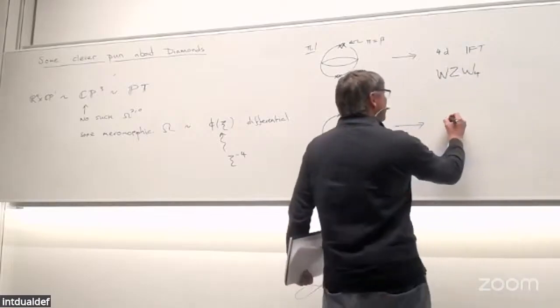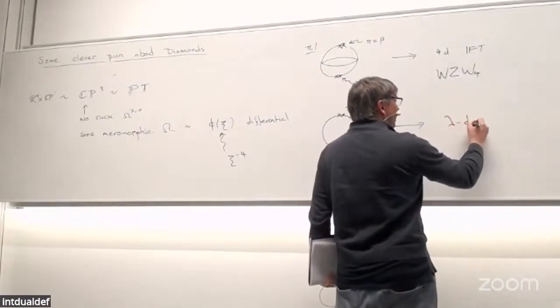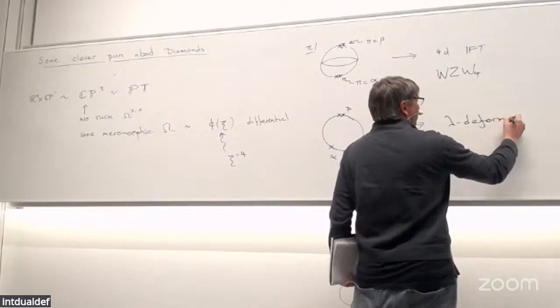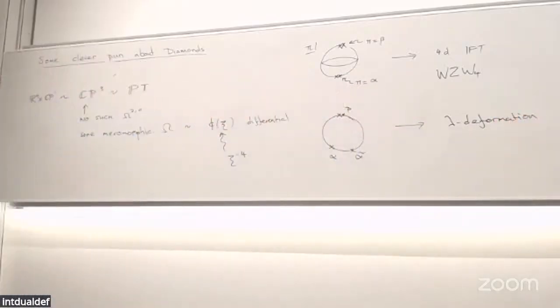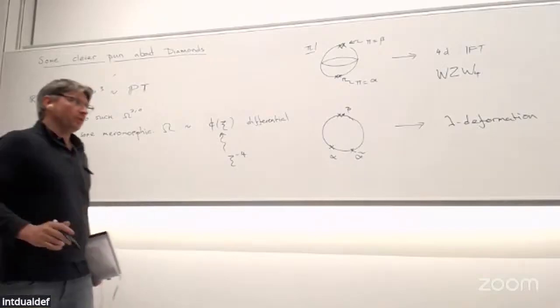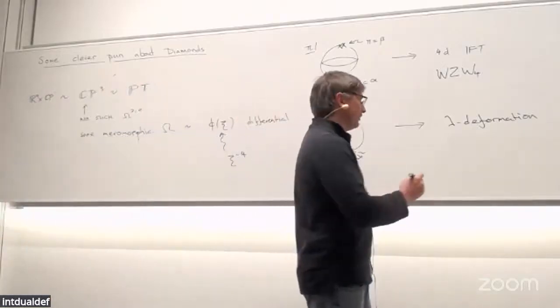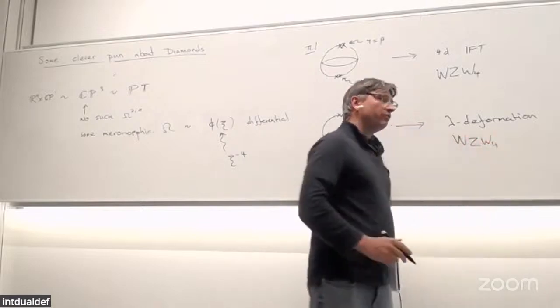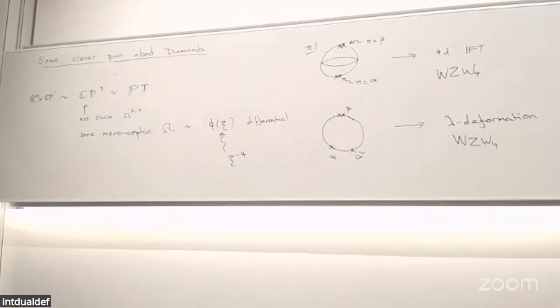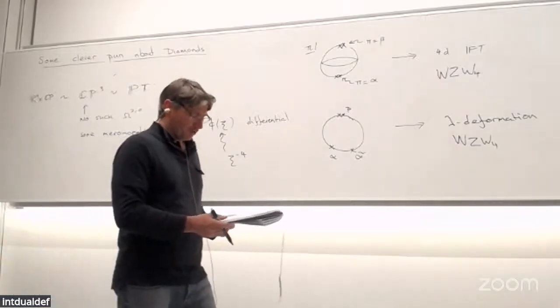And the answer is some sort of lambda type deformation. So Sfetsos introduced these lambda deformations of Wess-Zumino-Witten models, and that's the kind of thing we get out here. So it's some lambda deformation Wess-Zumino-Witten 4, which descends down to some lambda deformation of Wess-Zumino-Witten 2. And I might try and talk a little bit about that.